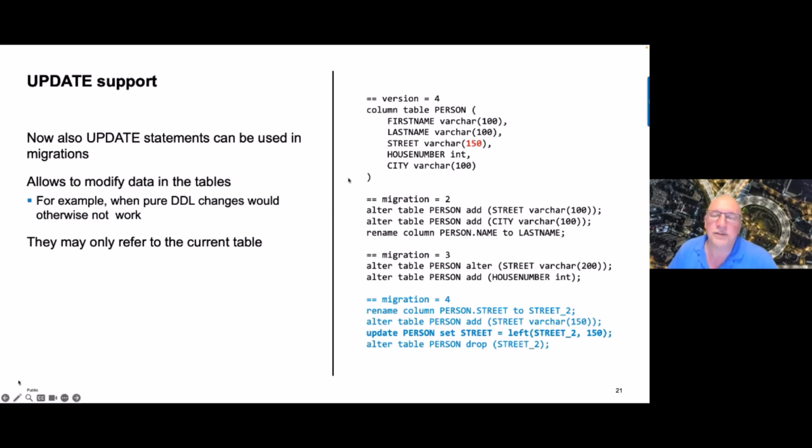So this allows you to do updates, and for the future we are looking also to have insert statements, and will bring further tests, DML support inside the migration table.